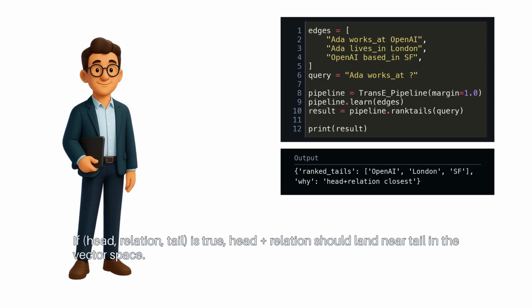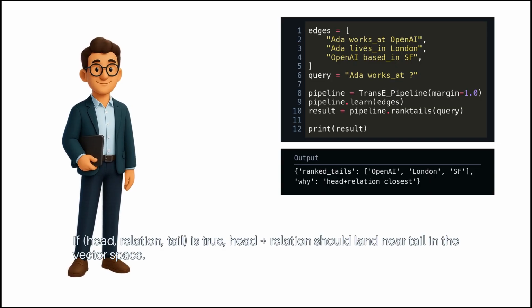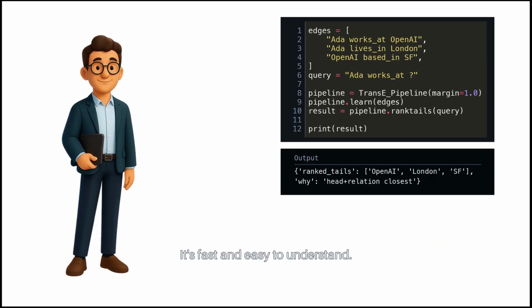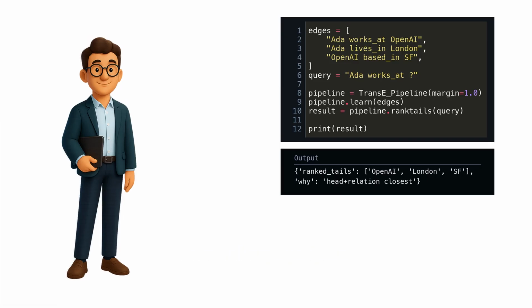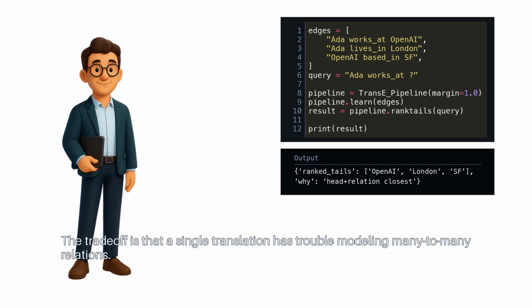If head, relation, tail is true, head plus relation should land near tail in the vector space. That gives a neat geometric test for whether a candidate tail fits a head and relation. It's fast and easy to understand. The trade-off is that a single translation has trouble modeling many-to-many relations.